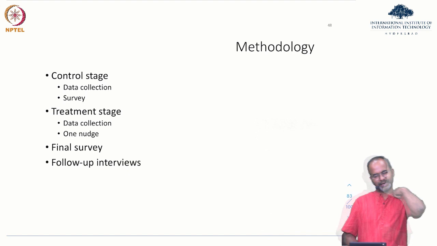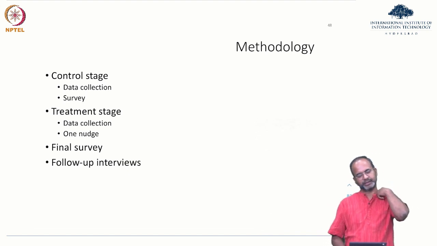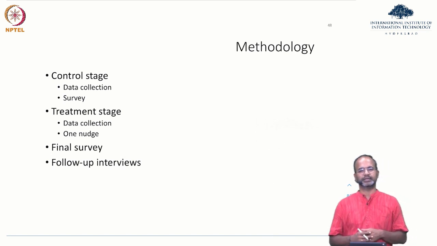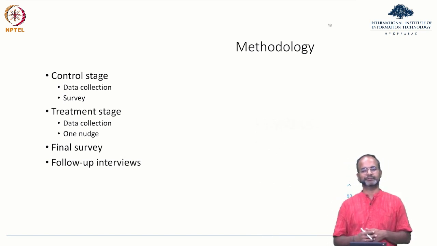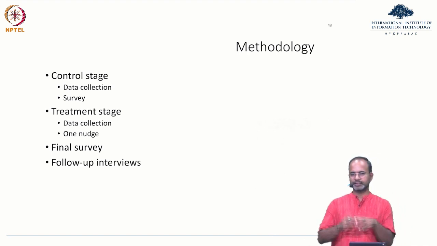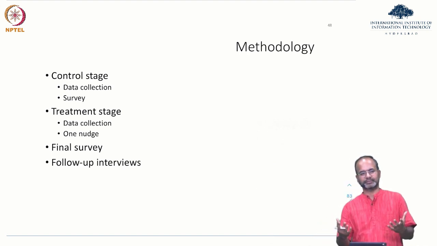All of that. Later in the course, we'll take up ethics, studying privacy as part of ethics itself, to see how to do some of these studies. How do you draw the line of what information to collect and what information not to collect? But for now, just think of it as a lab study.